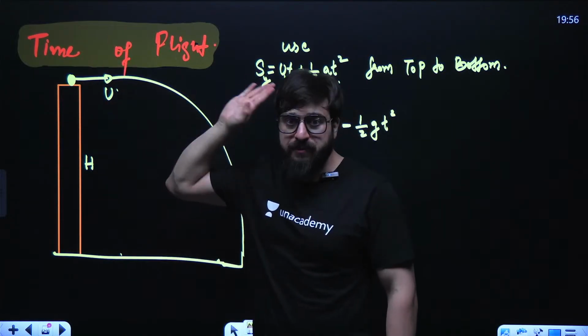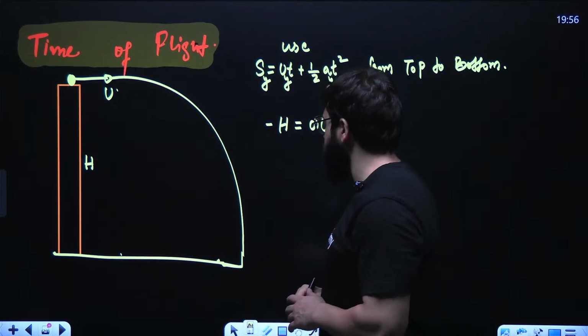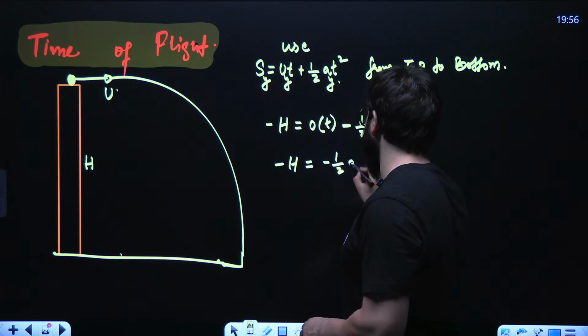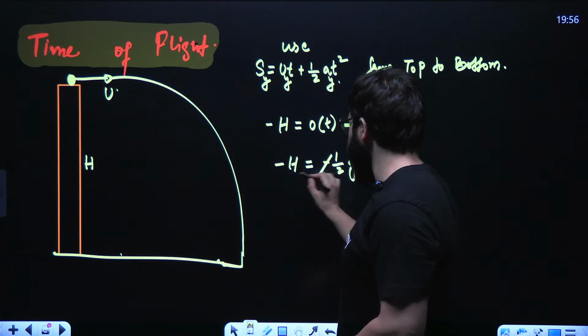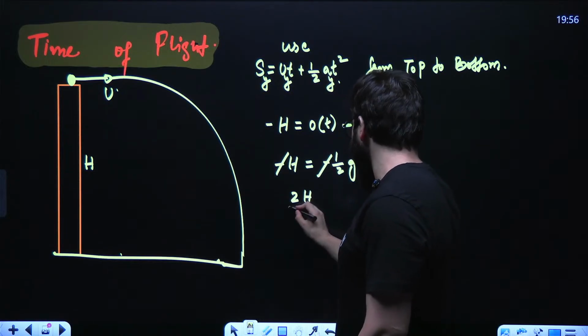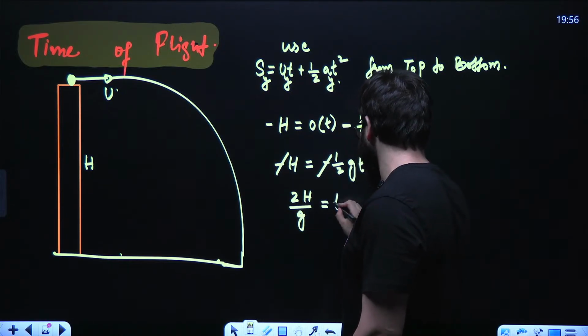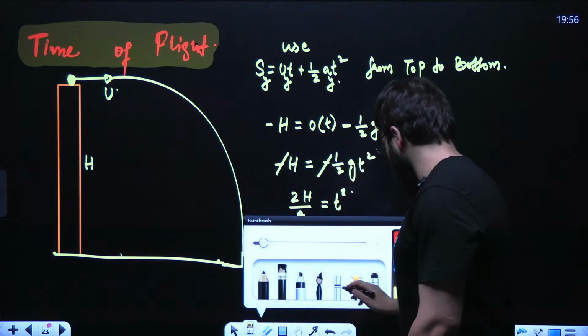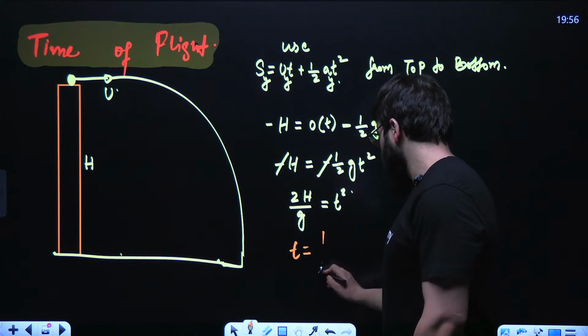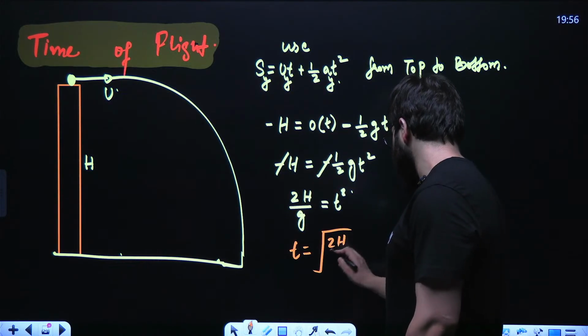If it goes up, take it positive. So I'll write minus h. Now minus h is equal to minus 1 by 2 g t square. Minus and minus cancel. Now this goes over here: 2h divided by g will be t square. So from this you can say t will be under root of 2h divided by g.